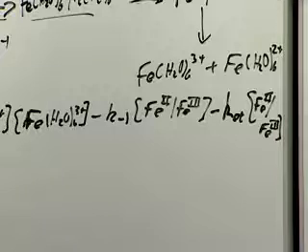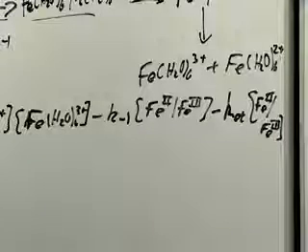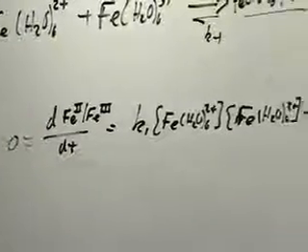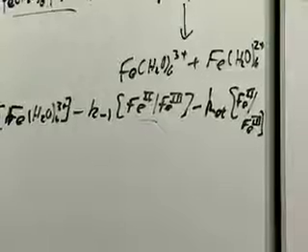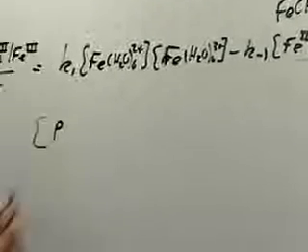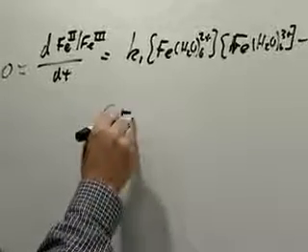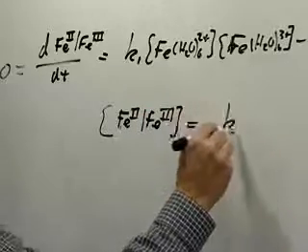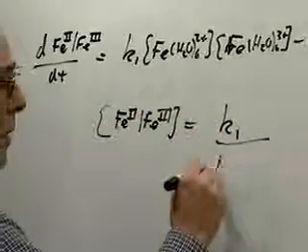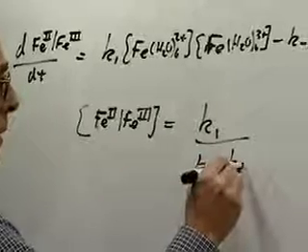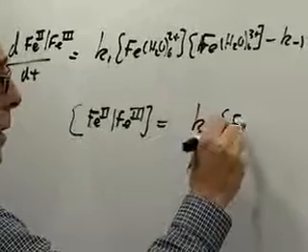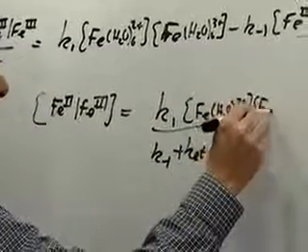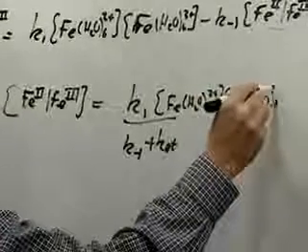Okay, and I can set that equal to 0. I solve for the precursor, and I get that [Fe2Fe3] will equal k1 over (k minus 1 plus k_ET) times [Fe(H2O)6 2+][Fe(H2O)6 3+].